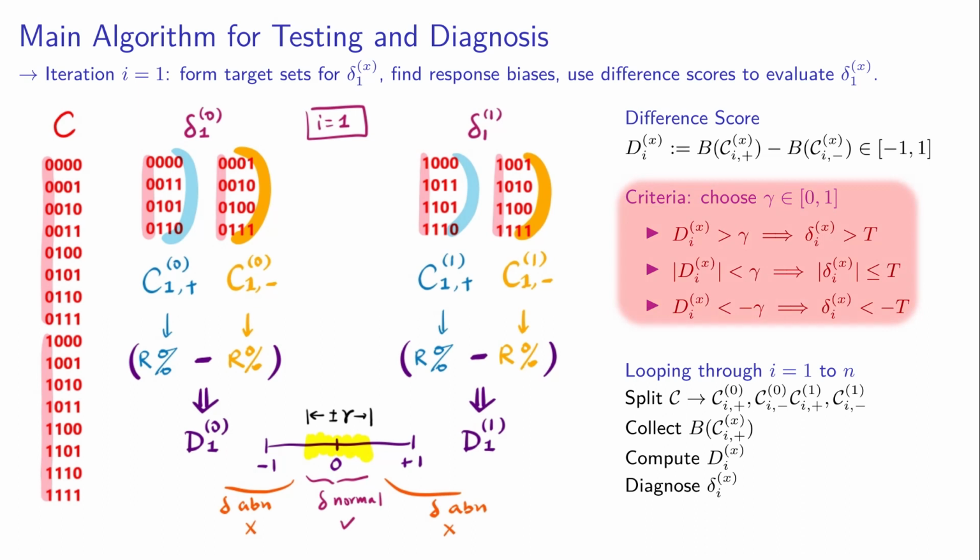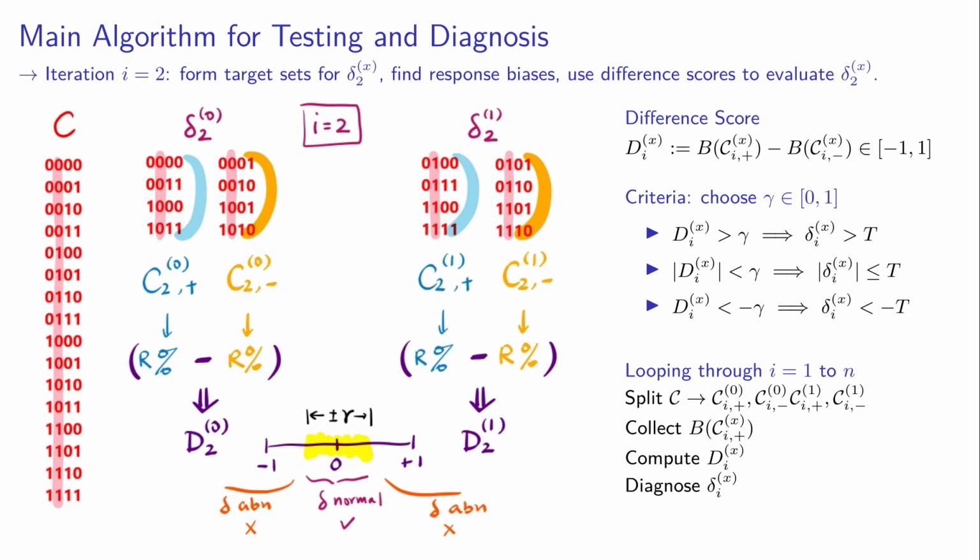Once we have the difference scores for both deltas at stage I equals 1, we compare their values to the chosen gamma. If a delta's difference score is larger than gamma, then it's larger than a threshold T and is abnormally positive. If the difference score is smaller than negative gamma, then it's smaller than negative T and that delta is abnormally negative.